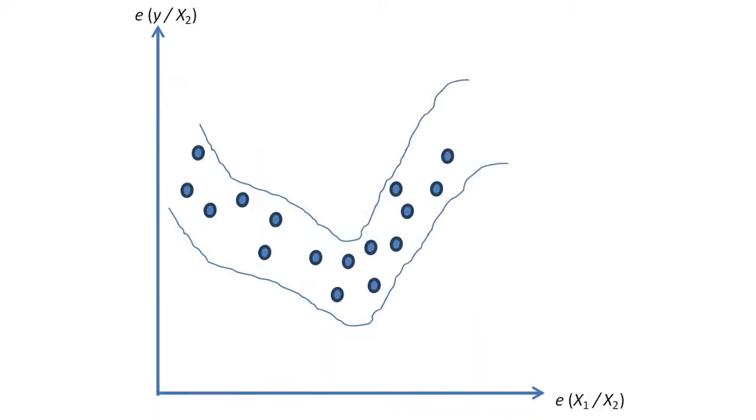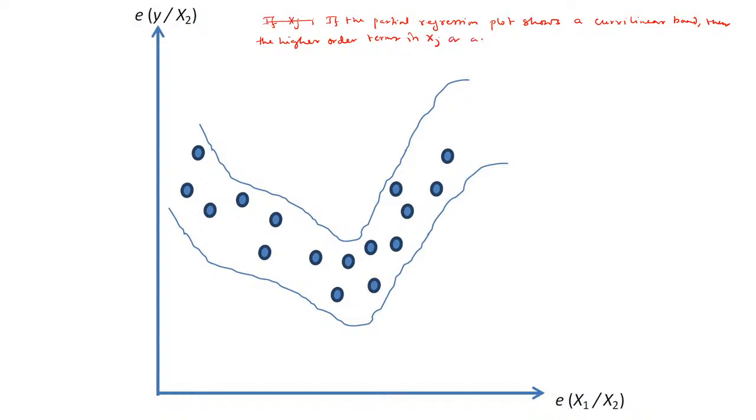And if the partial regression plot shows a curvilinear band, then higher order terms in xj or a transformation may be helpful.